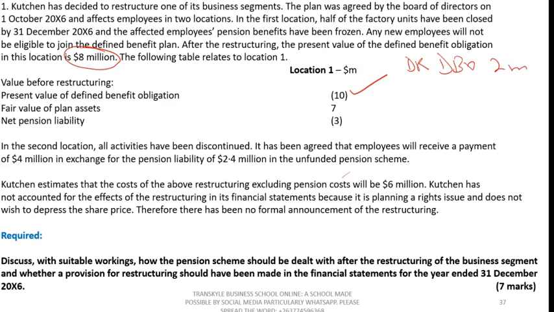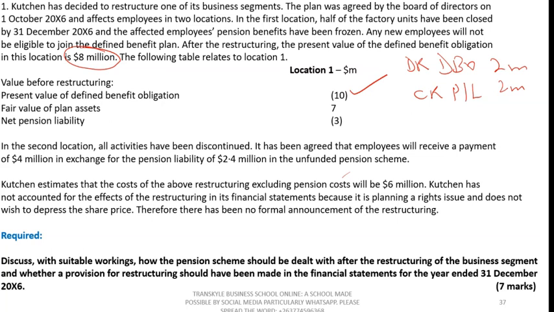And we are going to credit profit or loss 2 million. Why are we crediting profit or loss? Because this is simply a curtailment without settlement, so it's actually a gain to us.